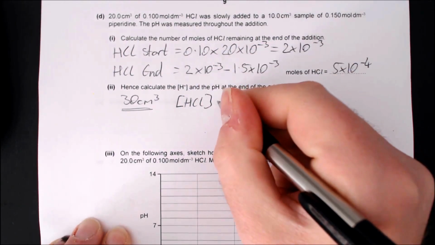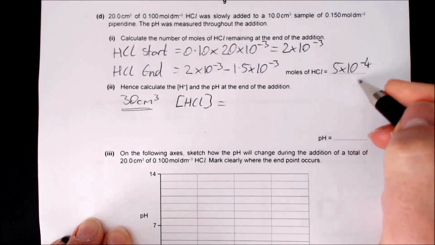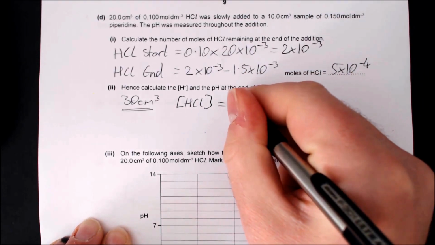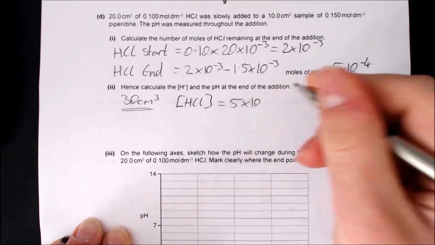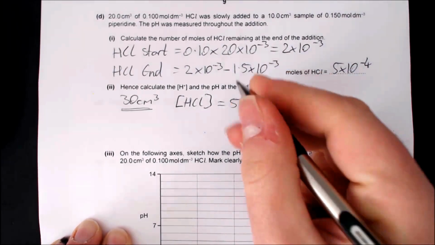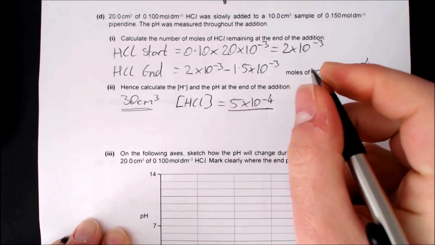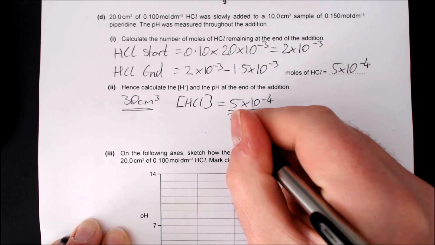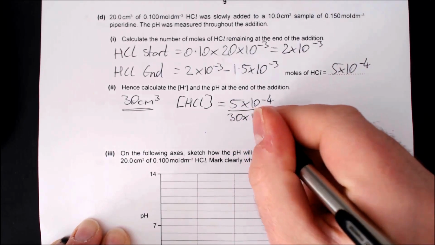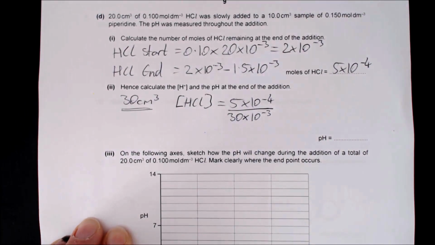at the finish is effectively the number of moles divided by the volume. The number of moles that we had at the end here is going to be 5 times 10 to the minus 4, divided by the volume. Now our volume is going to be 30, because it's 30 centimeters cubed. Again, divide that by 1,000 to get that into decimeters cubed, so that's times 10 to the minus 3.